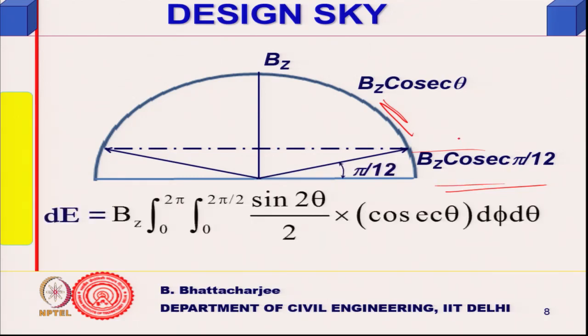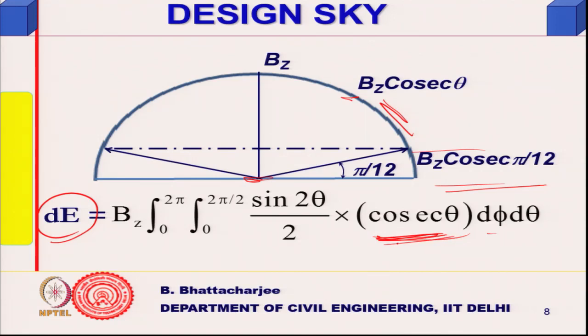And as I said, this was pi by 12, and the illumination dE on a small surface from any small element in the sky will be given as Bz cosec theta. Remember, we talked about Bz, this was the brightness multiplied by sin 2 theta by 2 d phi d theta.